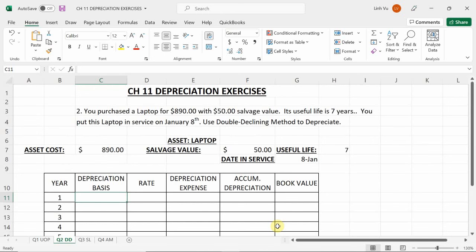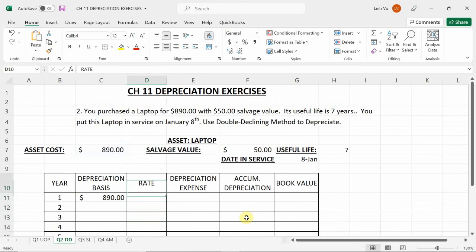No, not 840, because this one is the beginning of the year book value, not asset minus salvage. Every single method has a different way of calculating. How much did I buy the asset for? 890. So my beginning of the year book value is 890.